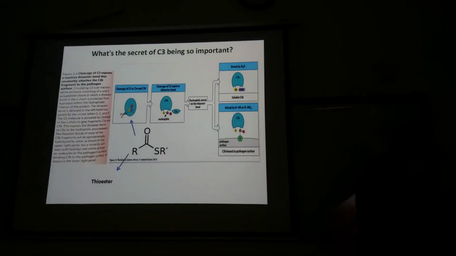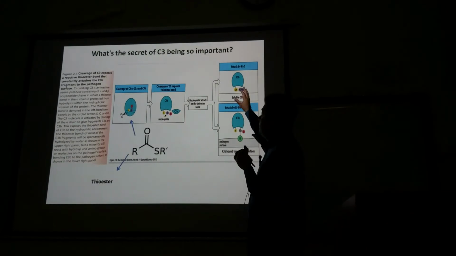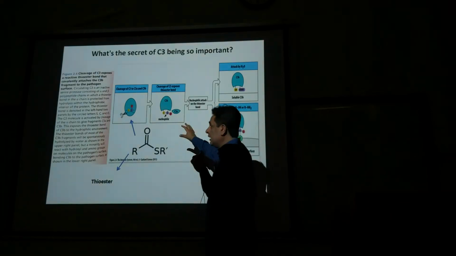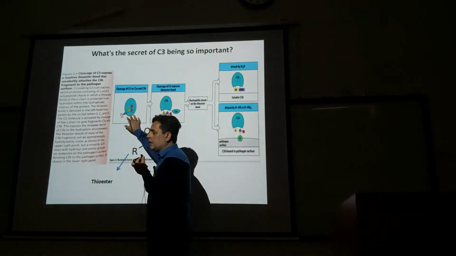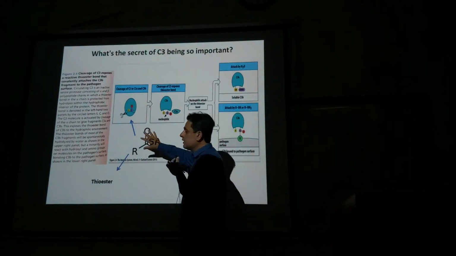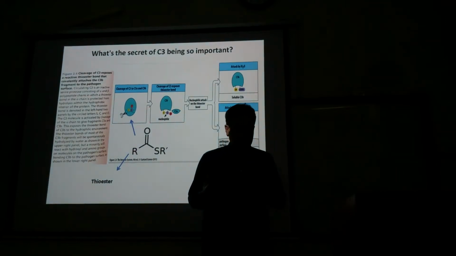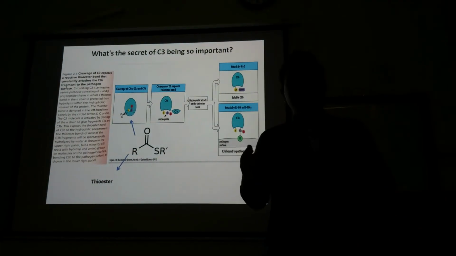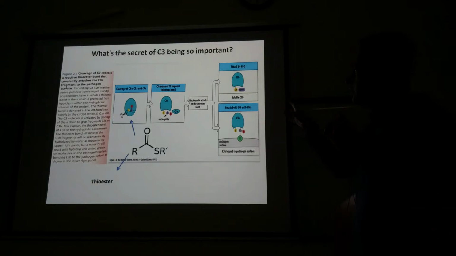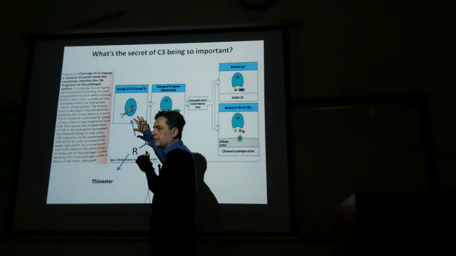And then I told you, what is the secret of C3 being so important? The secret is hidden inside the structure of this complement, which is actually this linkage, the thioester linkage. Normally, when these proteins are synthesized in the liver, this particular bond or linkage is hidden in the structure of C3.